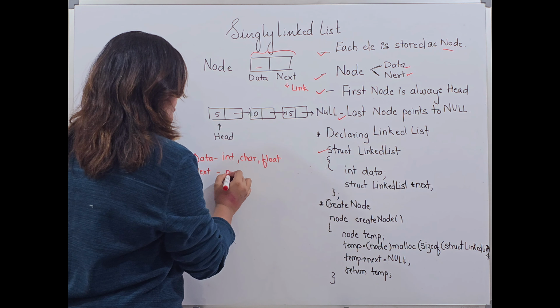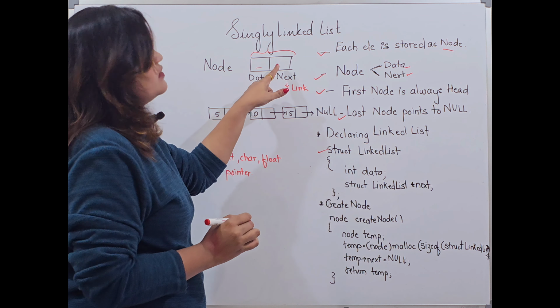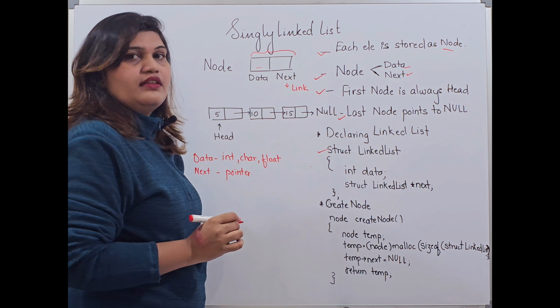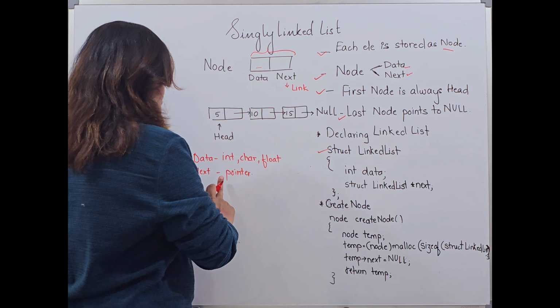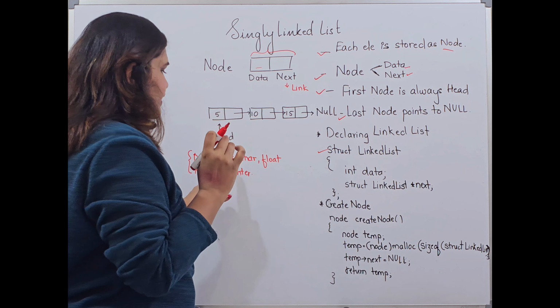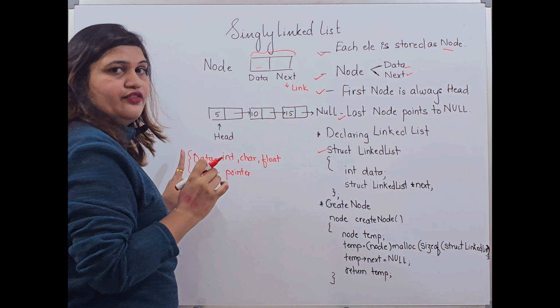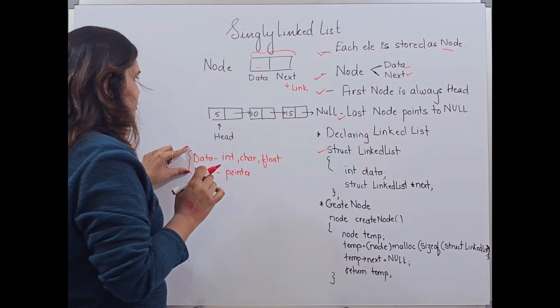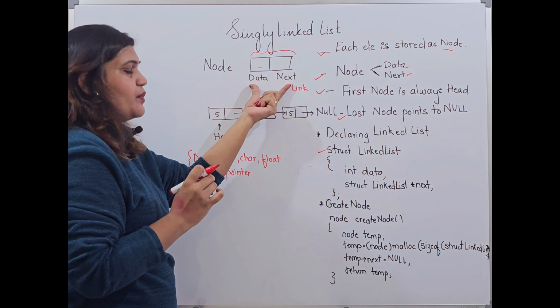It is a pointer. So basically it is going to hold the address of the next element that is there in line. That is what your next is. Your next is a pointer. So these two things, data and next, are of different data types, right? For me to create this structure, I'll need a data type which will represent this.